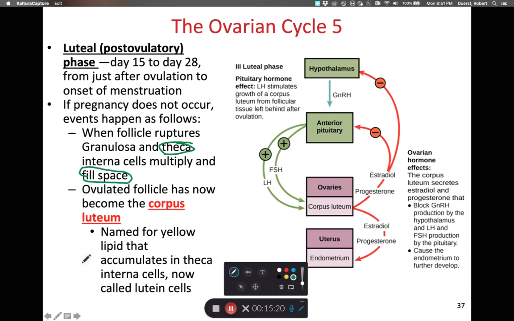And that corresponds to the ruptured follicle becoming the corpus luteum. Those theca cells have a lot of lipid accumulated within them, and they've been renamed lutein cells within the corpus luteum. And that yellow lipid that accumulates within the theca folliculi, or theca interna cells, is what gives us the yellow color of the corpus luteum.